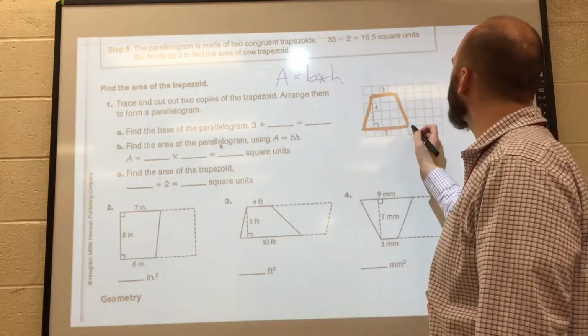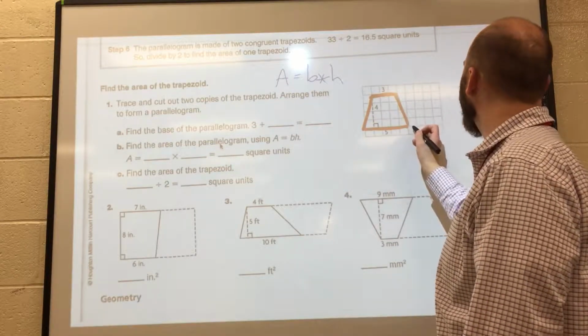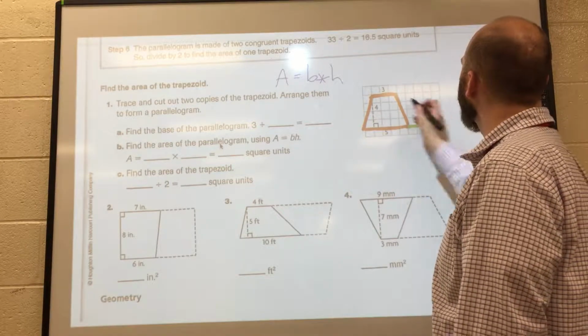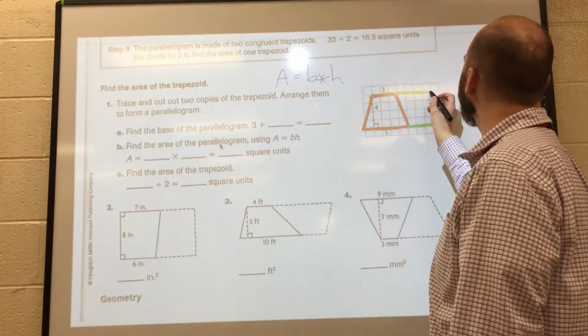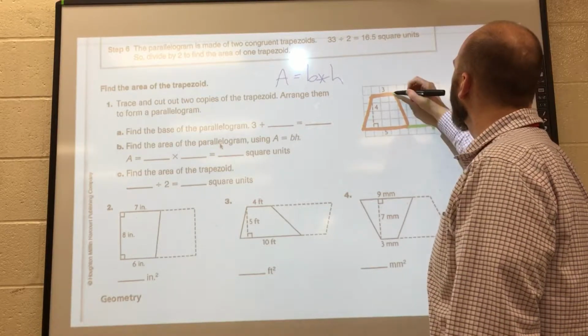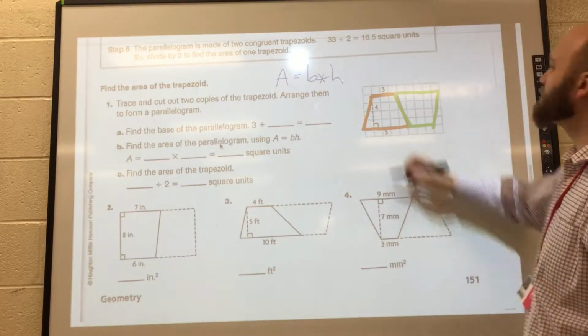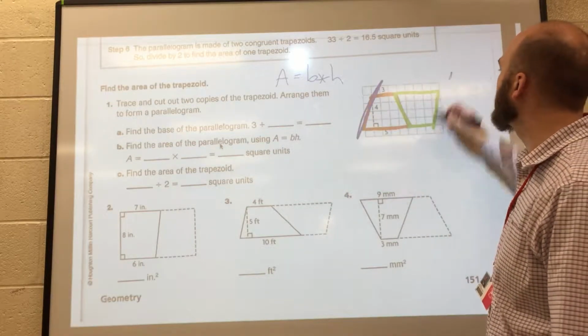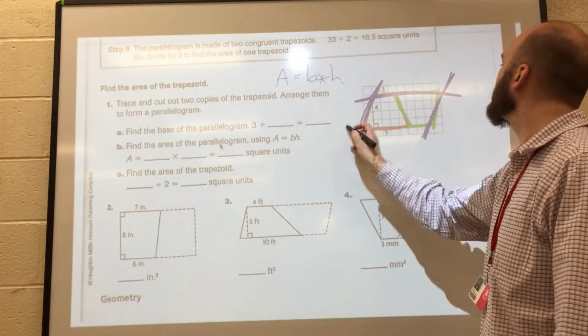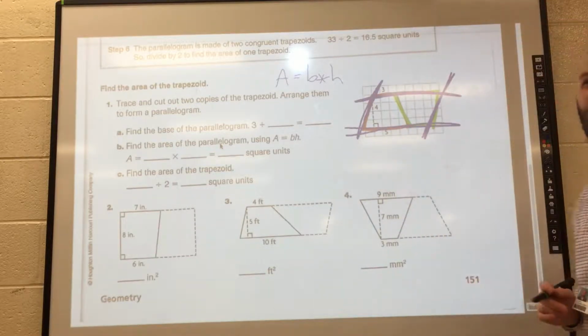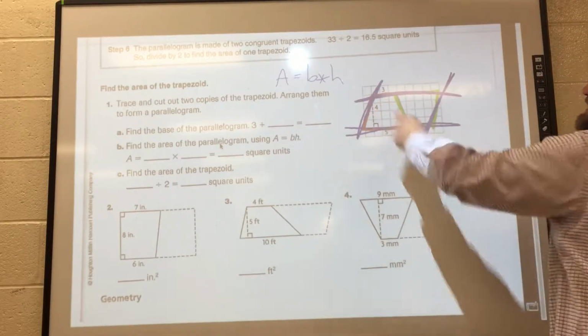This is 5 and 3. So if I come out 3 here, 1, 2, 3, and 5 here, 1, 2, 3, 4, 5, what I've actually made myself, and I'll show it now in blue, is a parallelogram hidden inside this section here.